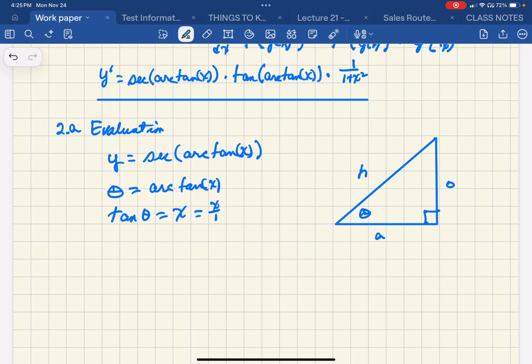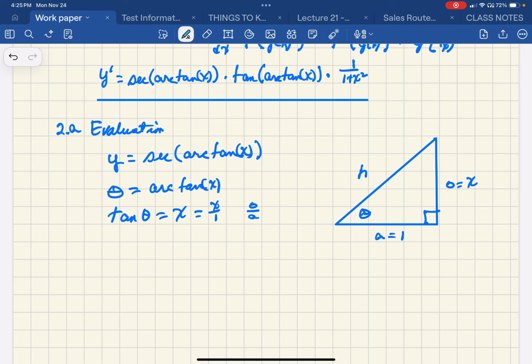Now, we know that the tangent is going to be the opposite side over the adjacent side. So this will give us an x here and a 1 here.